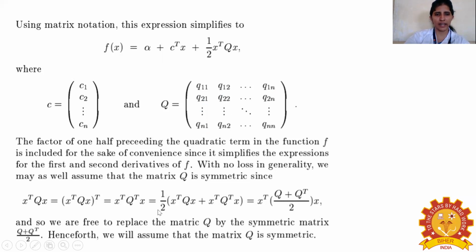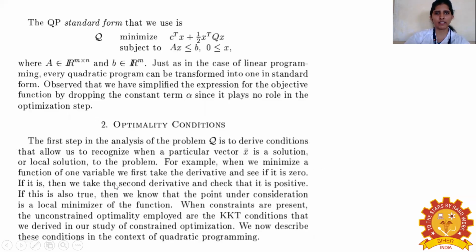These two values are added, which will again be equal to x power t (Q plus Q power t)/2 the whole x. So we are free to replace the matrix Q by the symmetric matrix (Q plus Q power t)/2. So henceforth we'll assume that the matrix Q is symmetric. So this is a standard quadratic programming form.